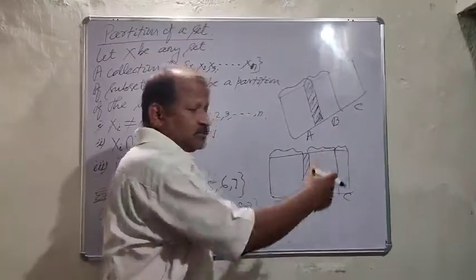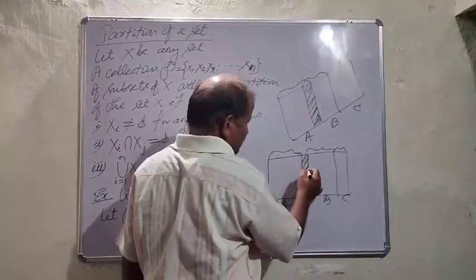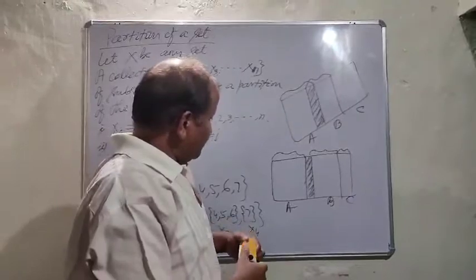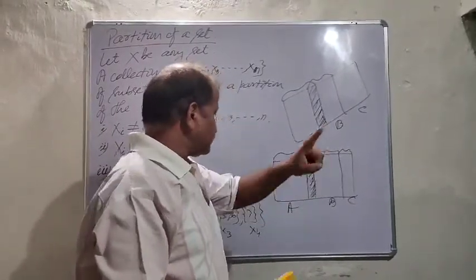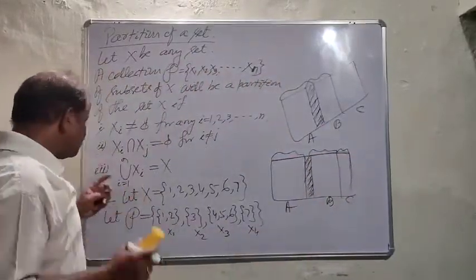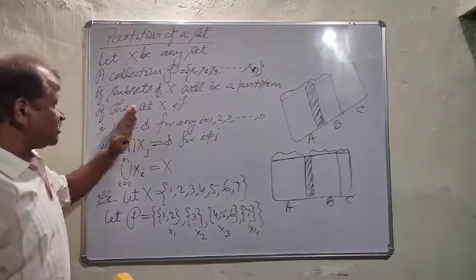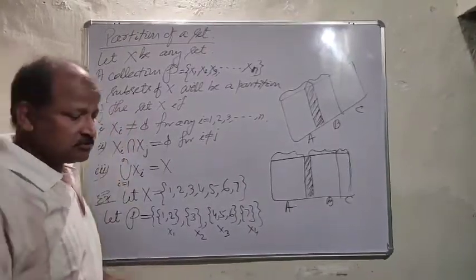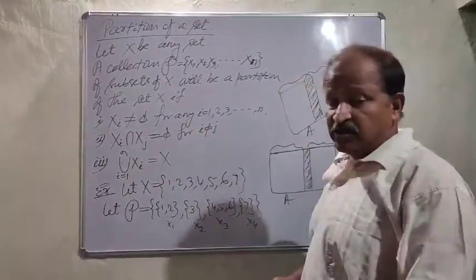So this is not a partition, because they will have controversy among themselves, a dispute, quarreling, whatever it may be, if there is a common property which is not properly distributed by their father. So this is also not a partition. So to be a partition, their union should be equal to X. They should be disjoint and each part should be non-empty. Right? Okay, three conditions. A partition should satisfy these three conditions.